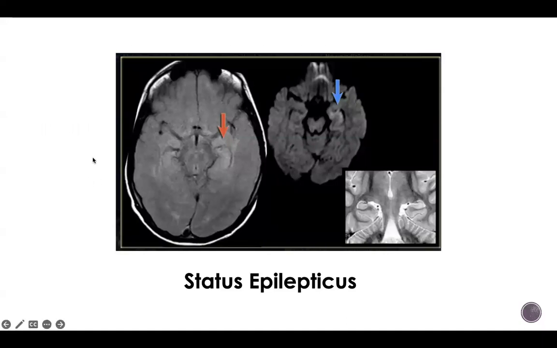So this is a condition in which the patient just had seizures, that is status epilepticus, and we can see that the FLAIR is showing a high signal in the left hippocampal area, along with some diffusion restriction. So we should not confuse this condition with MTS, and clinical history is very important.